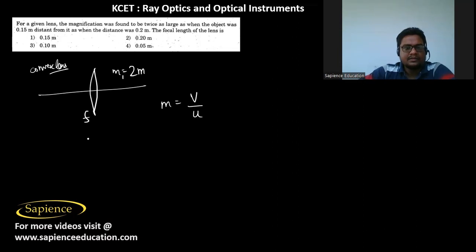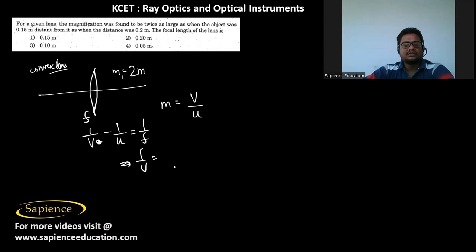If the focal length is F, then we can say 1 by V minus 1 by U is equal to 1 by F. So 1 by V is equal to 1 by F plus 1 by U, and U equals minus X, since for real objects the X coordinate of the object is always negative.